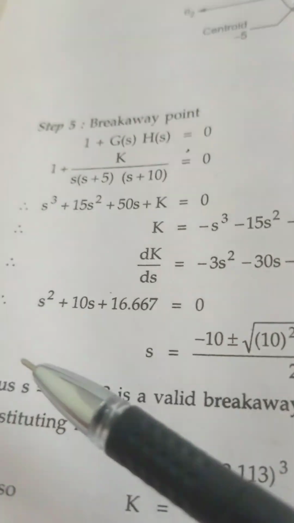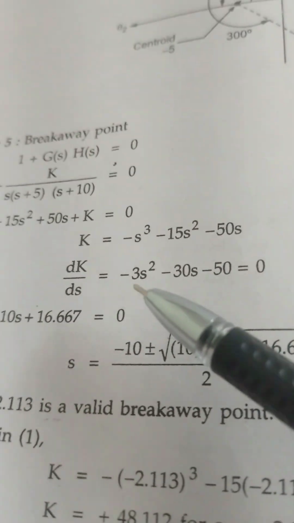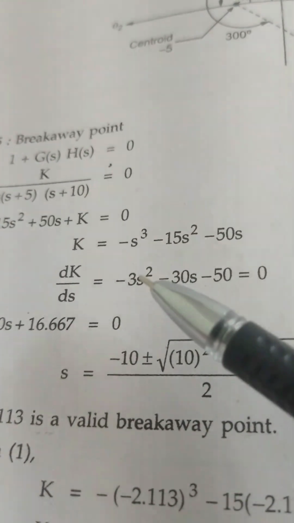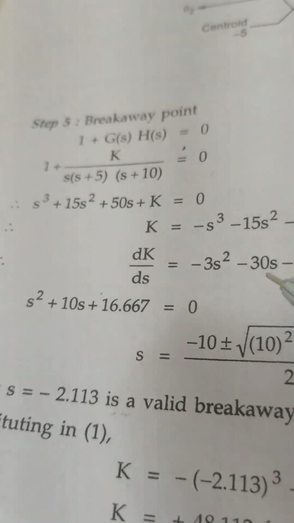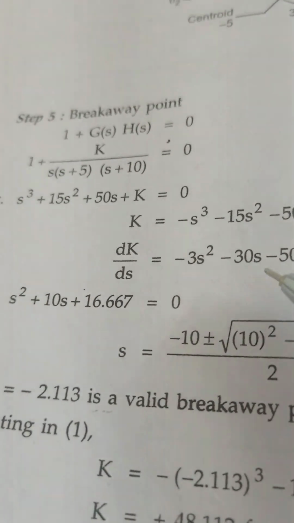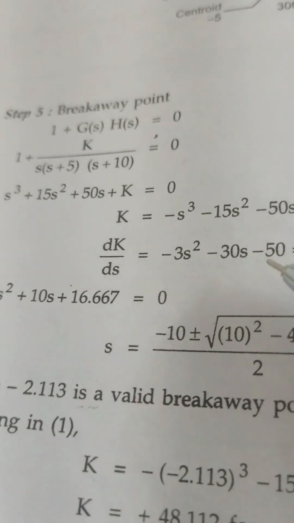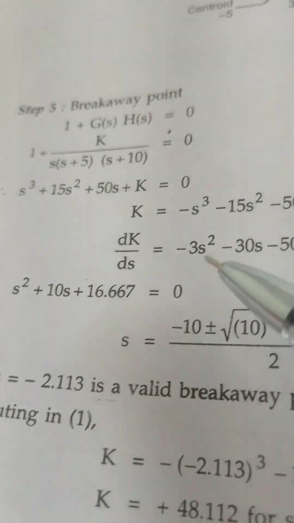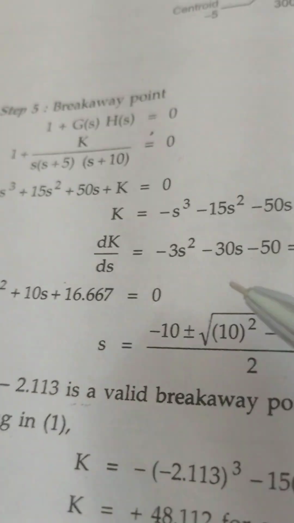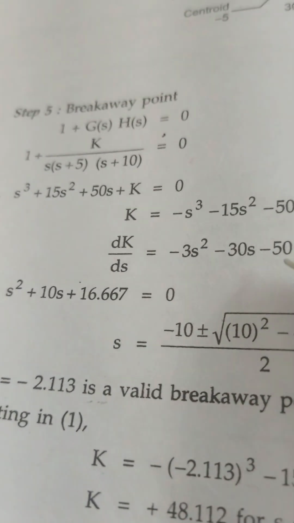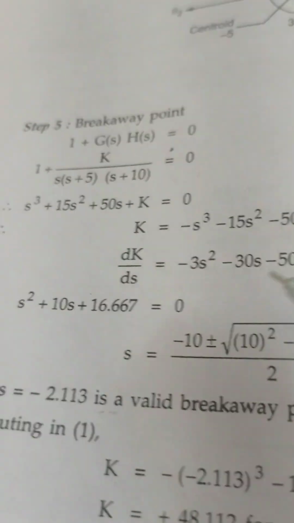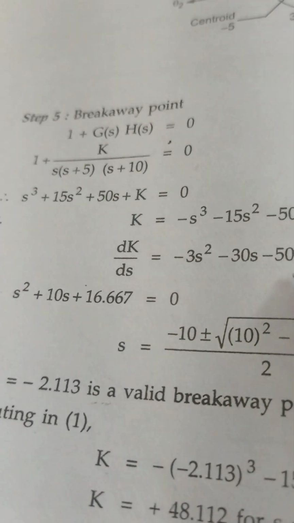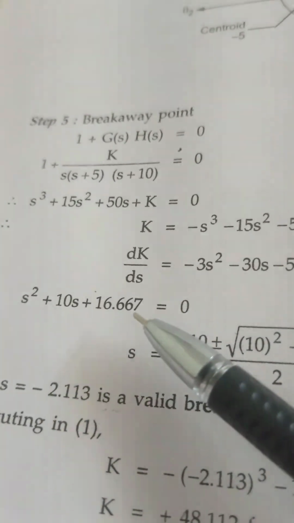Taking minus 3 common and dividing by 3, we get s squared plus 10s plus 50 over 3.